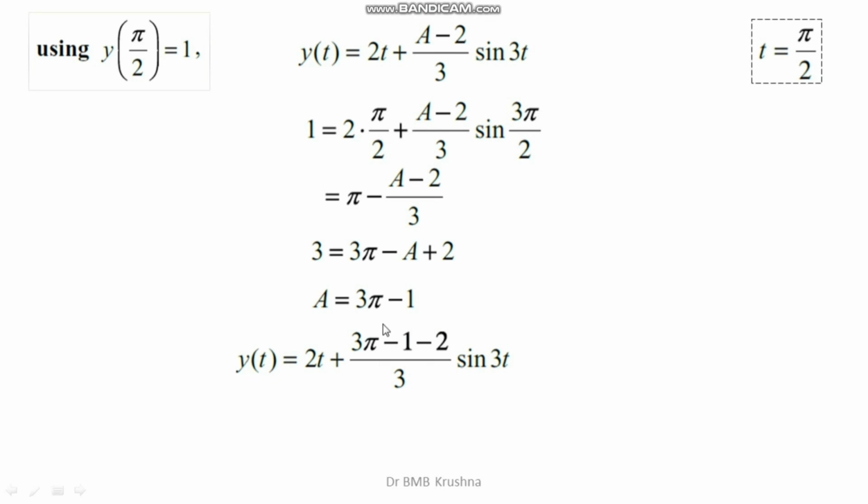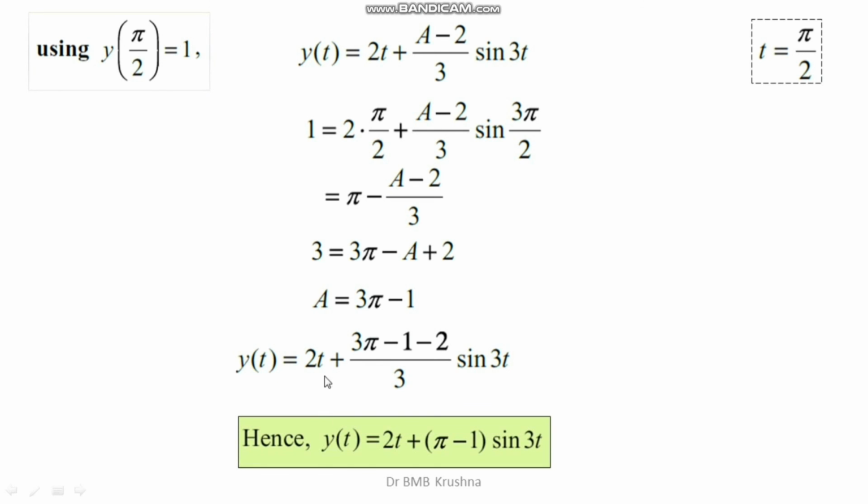Simplify this fraction. We have y of t equals 2t plus 3 pi minus 3 by 3 is pi minus 1, sin 3t. Hence, this is the required unique solution to the boundary value problem by an application of the Laplace transform technique.